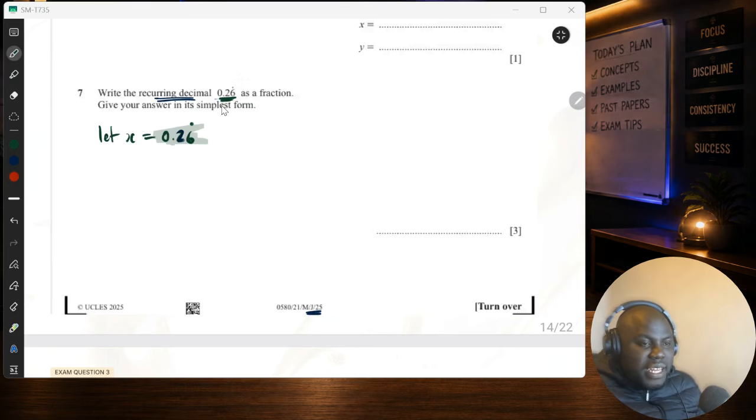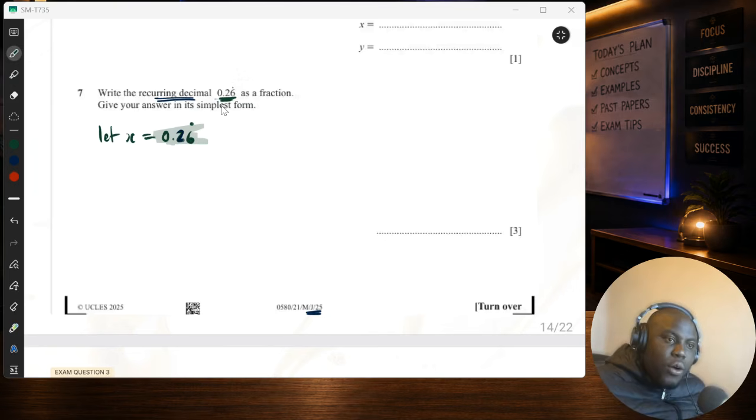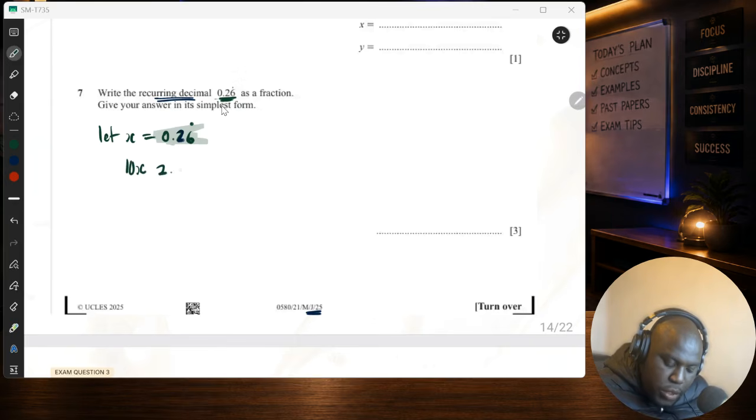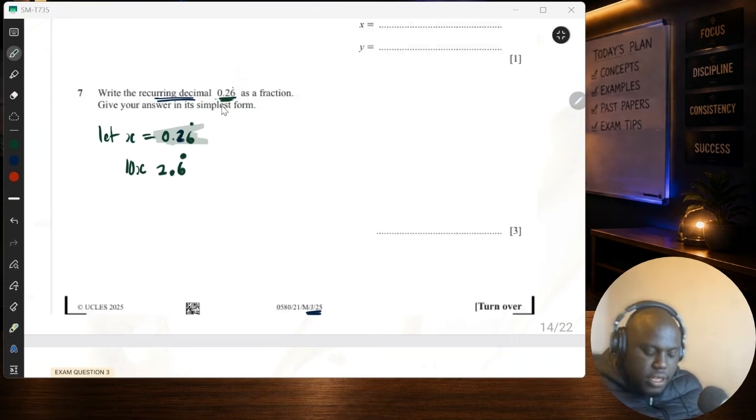So before we find the second x, let's make a new one with no number that is not recurring. To remove this 2, I'll make 10x the first one now. So I'll say 10x will be, the 2 will now have gone, so it'll be 2 point, and we are left with just the 6 recurring only.